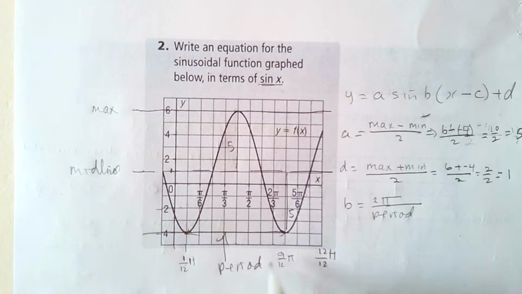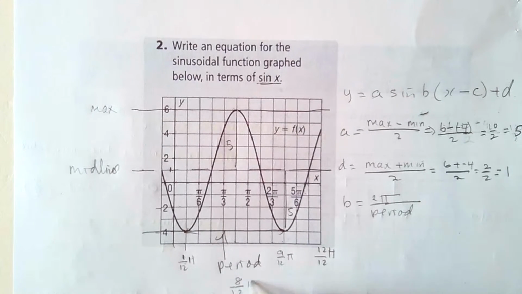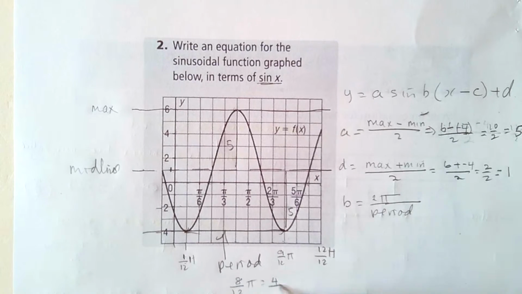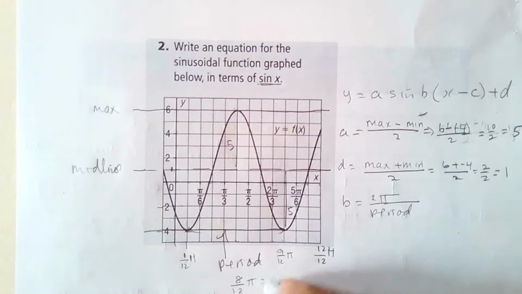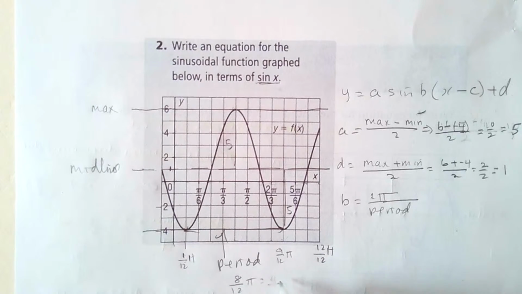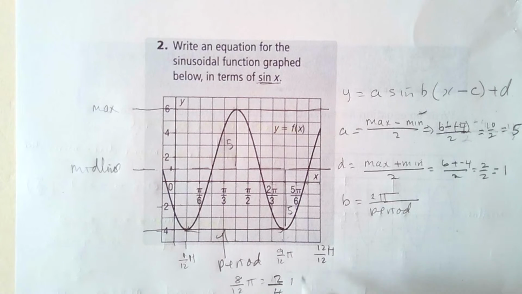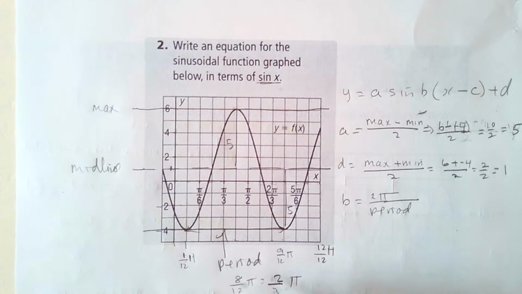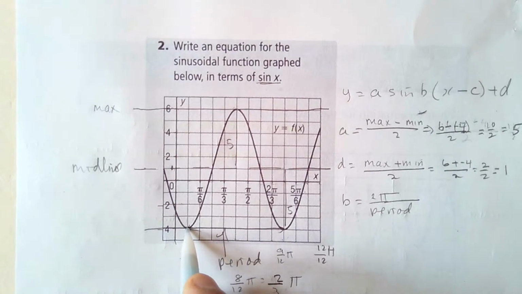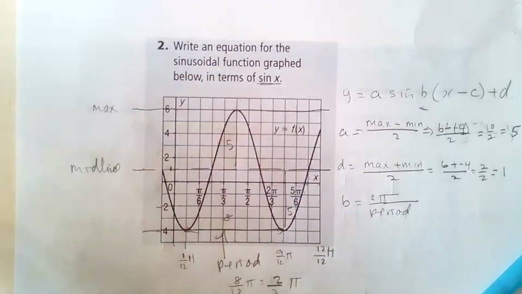So the length of the horizontal distance here is 8/12.